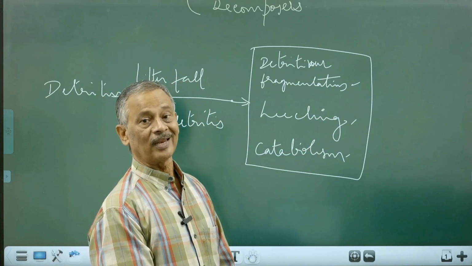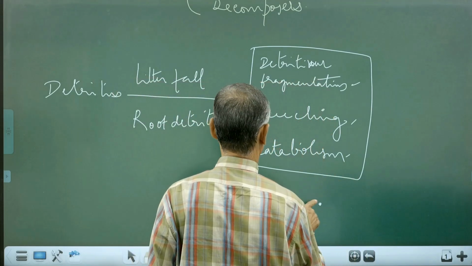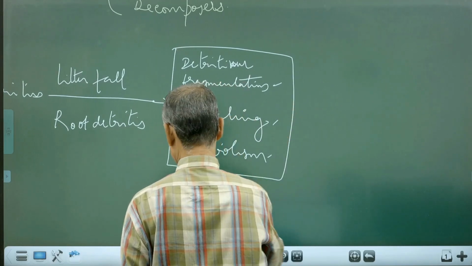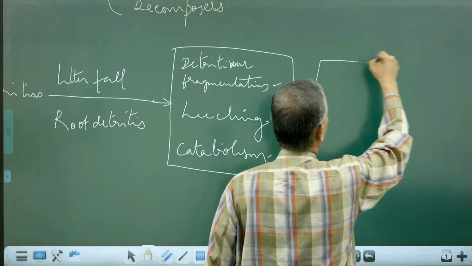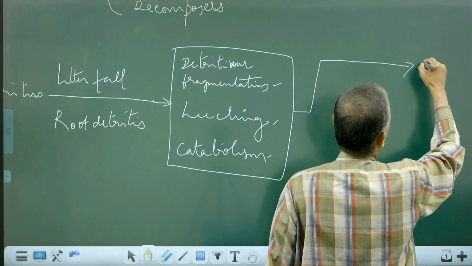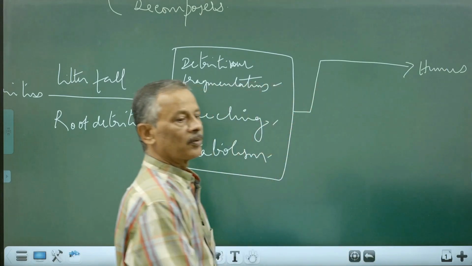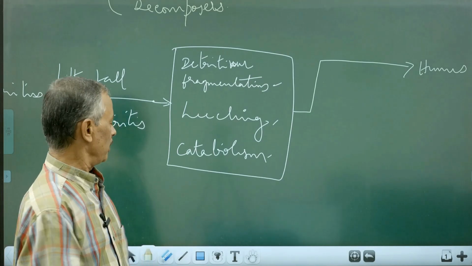And what is the net effect? The next 2 events are occurring in soil.